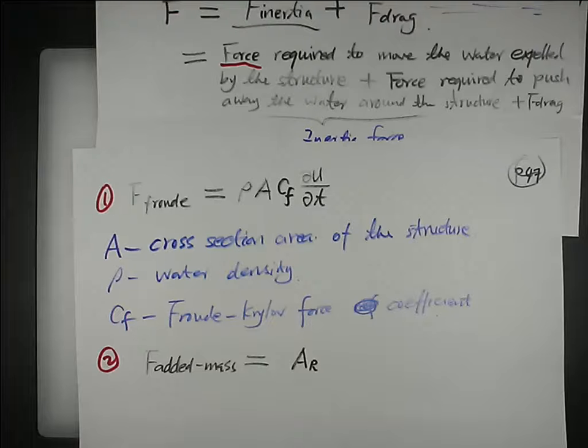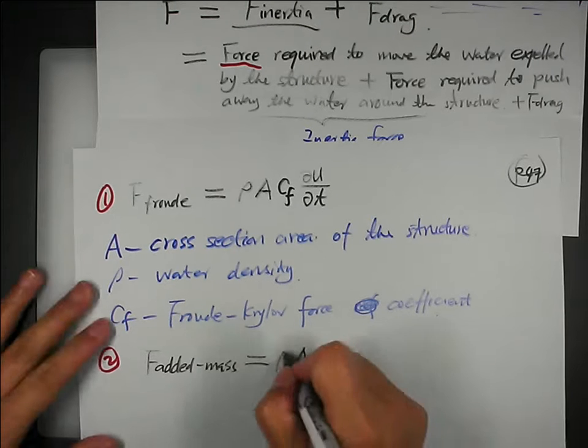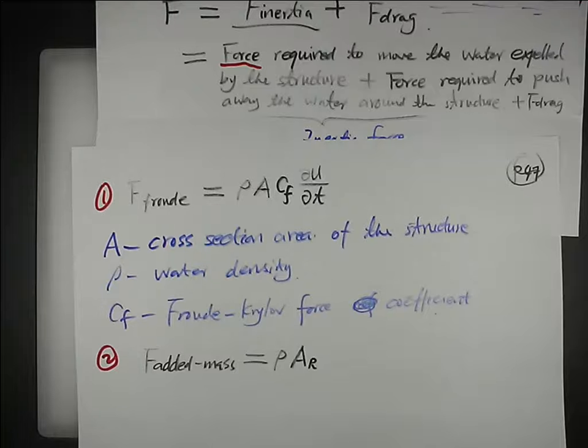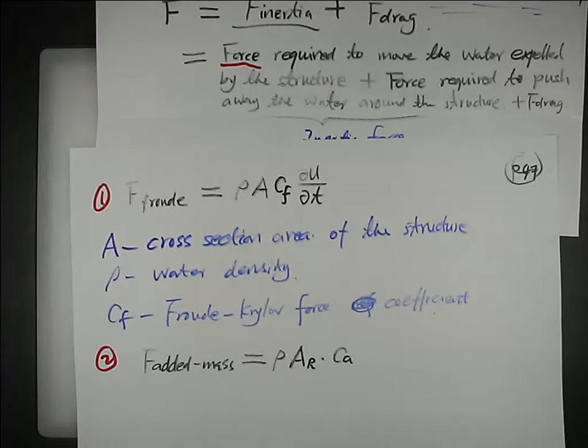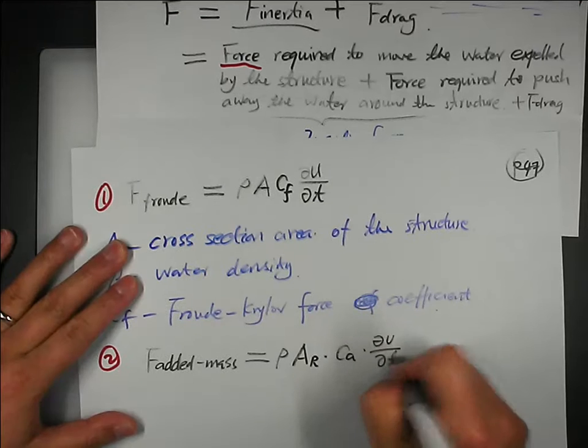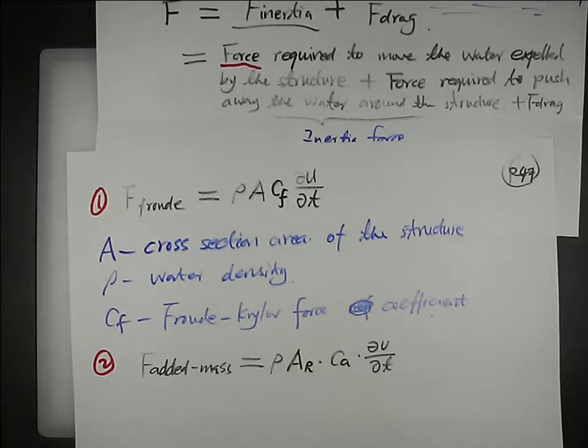Okay, projected area. Then it is rho, then times Ca, the added mass coefficient, then delta U over delta T.